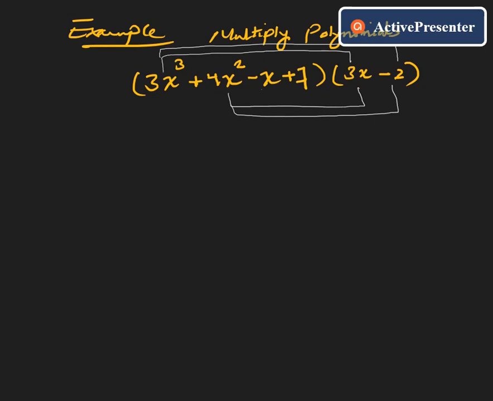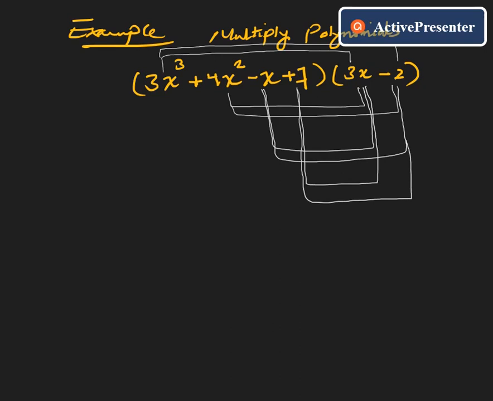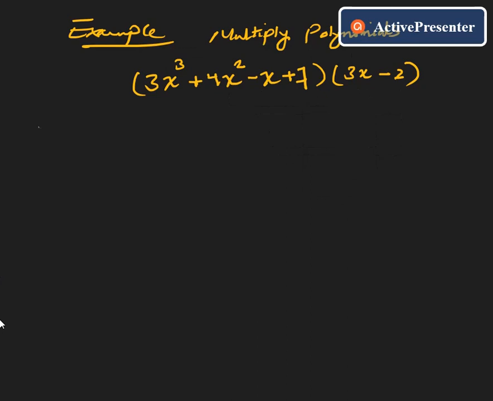We multiply also minus x by 3x, and similarly minus x by minus 2, and plus 7 by 3x and plus 7 by minus 2. So how is this performed? Solution.